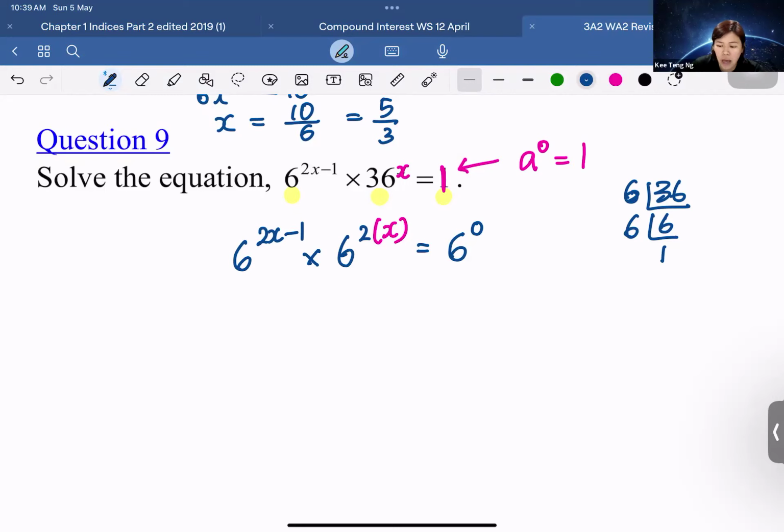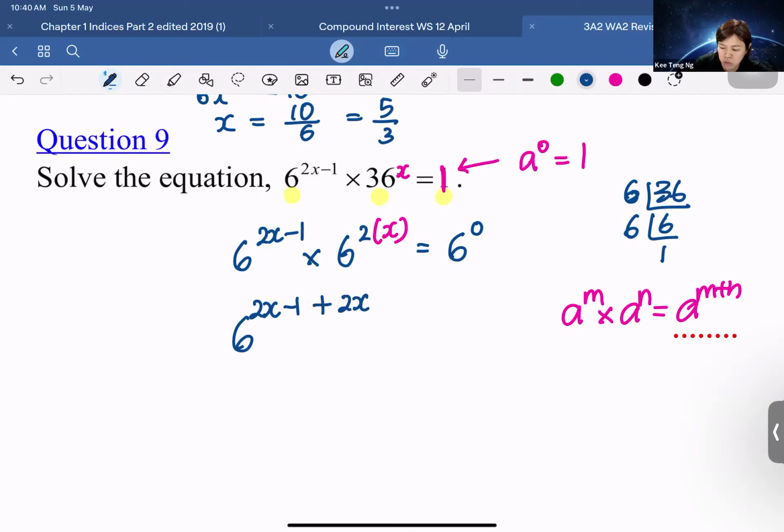Okay, when we have addition over a multiplication over here, the powers add together. Right? So we will have 6 to the power 2x minus 1 plus the power 2x equals to 6 to the power 0.